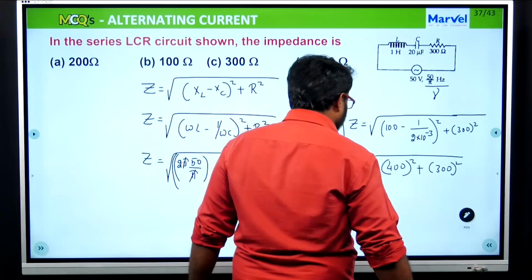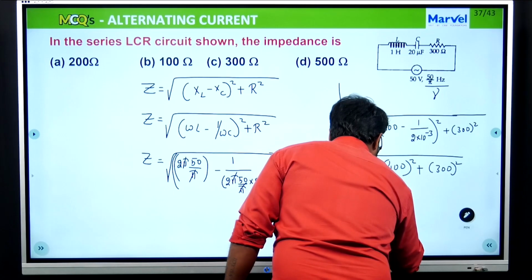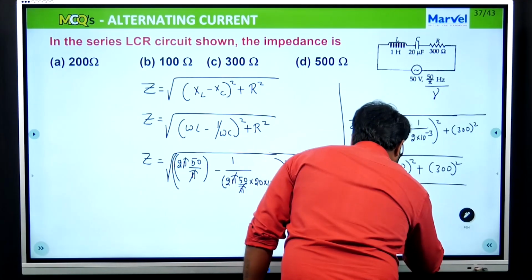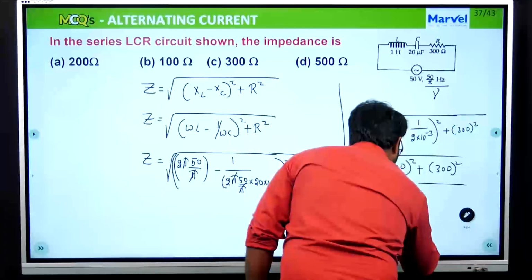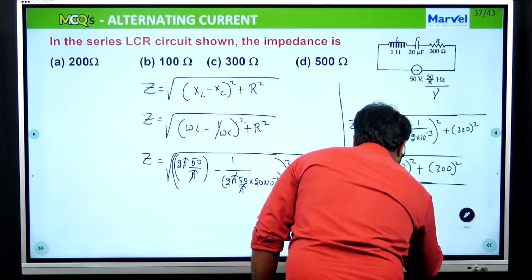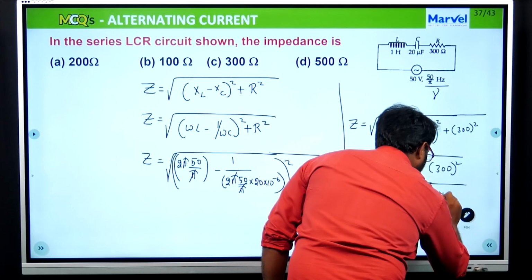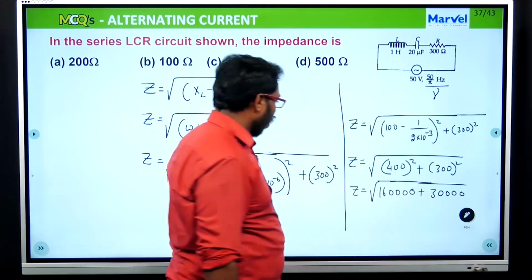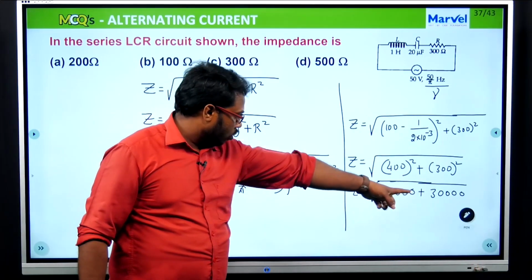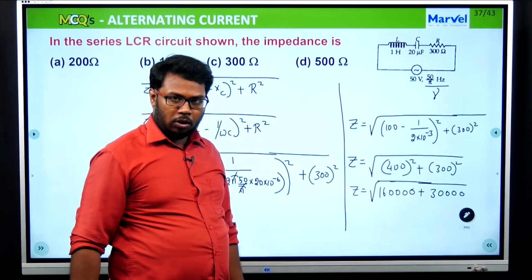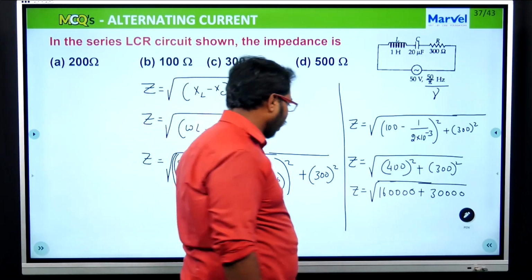So what I will be getting is z is equal to root of 16 followed by 4 zeros plus 3 followed by 4 zeros. 1,60,000 and 30,000. Right?